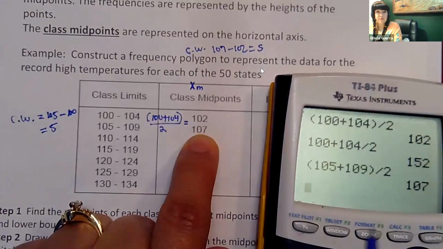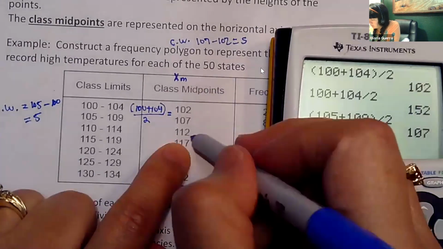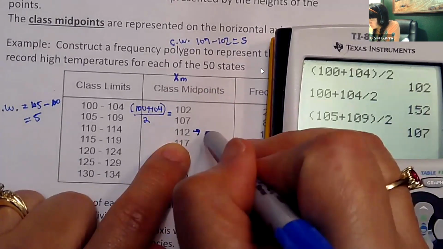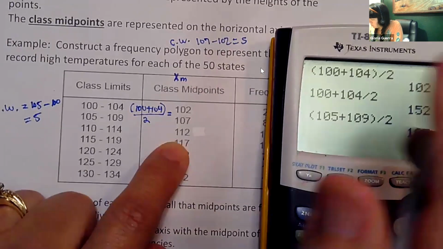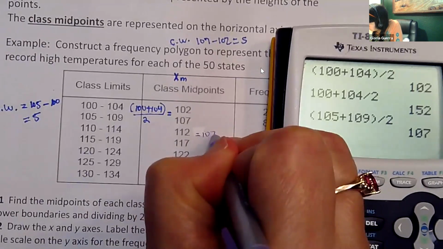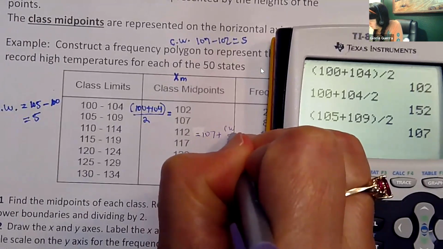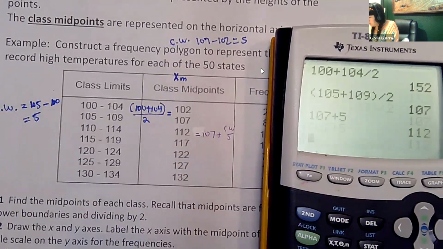These increase by 5. So in other words, another way to get this is to say that this is also equal to 107 plus the class width, which is 5. So 107 plus 5 is 112.